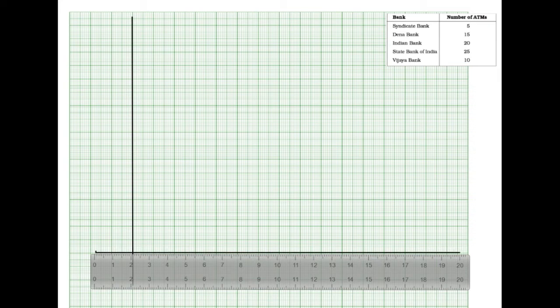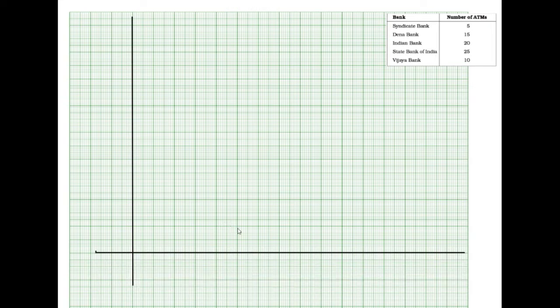On the vertical axis, I'm going to consider the number of ATMs. So the number of ATMs are being represented on the vertical axis, and on the horizontal axis it's the bank name.